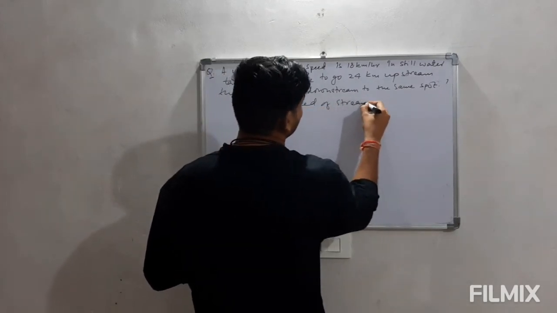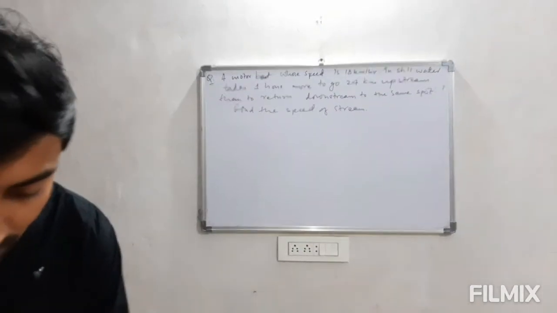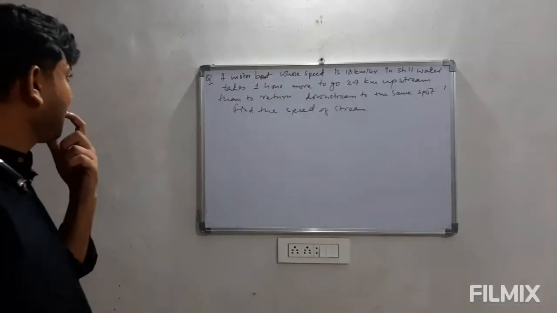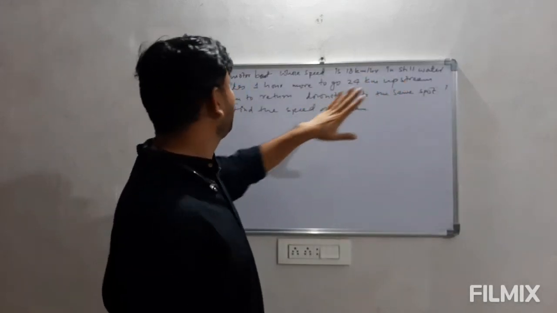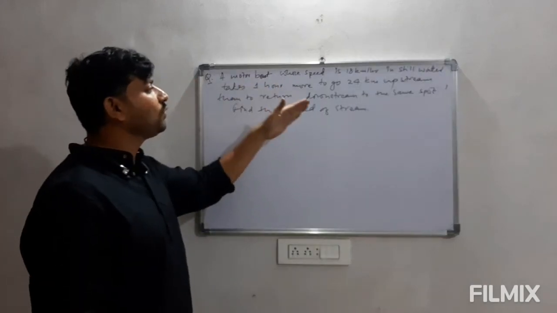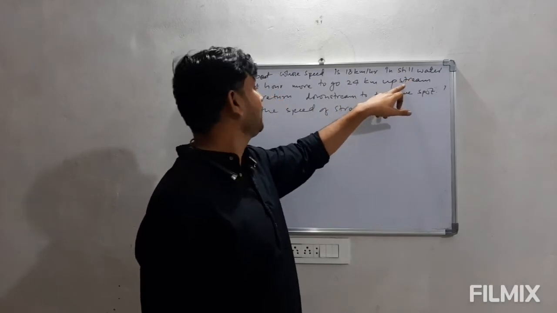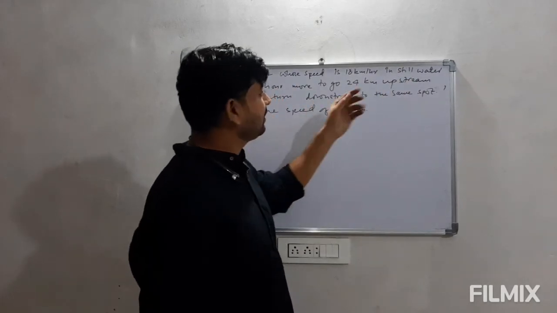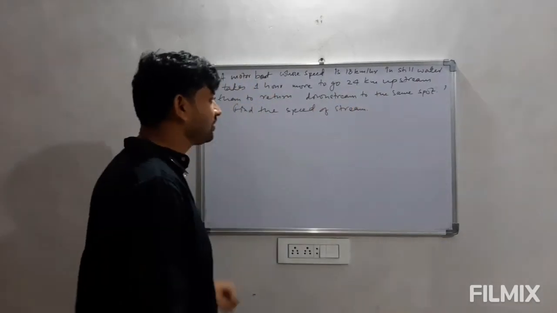Here we have only one unknown. So now look at this word problem. Here we have a motorboat whose speed is 18 km per hour, which is taking 1 hour more to go 24 km while moving upstream than to return while moving downstream. So the difference between the timings is 1 hour.